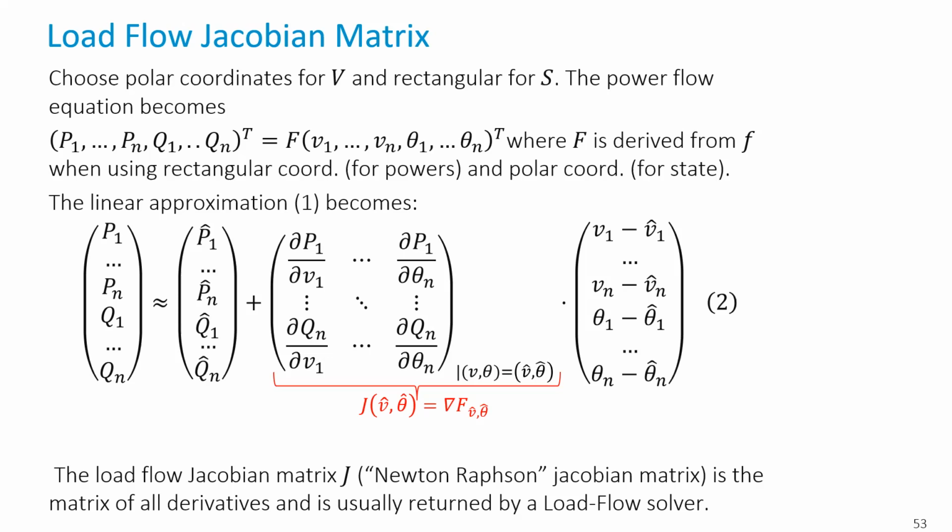The load flow Jacobian matrix that I mentioned is very often used in polar coordinates for the grid state, for the complex voltage, and rectangular coordinates for the power, because we're interested in active and reactive power, and we're interested in voltage magnitude.